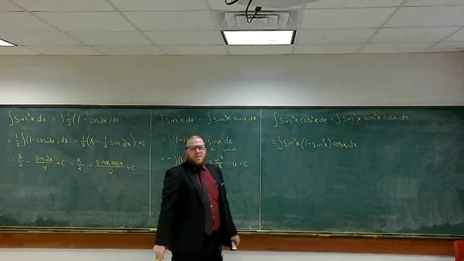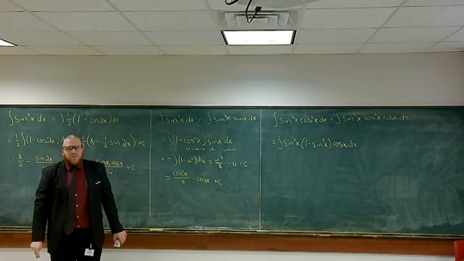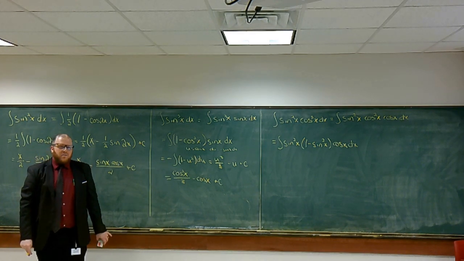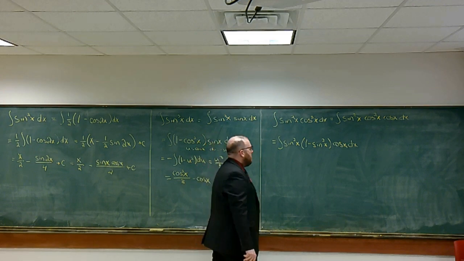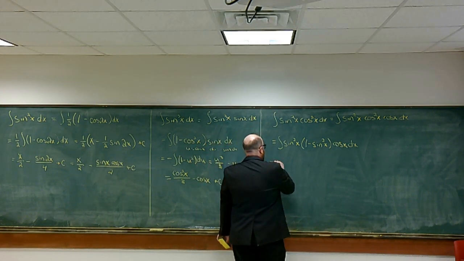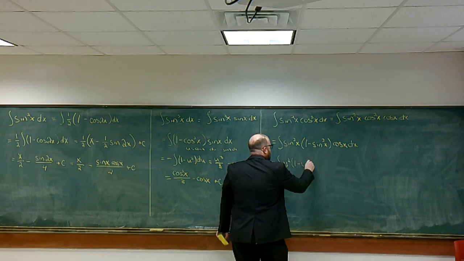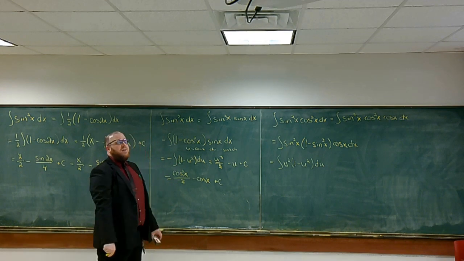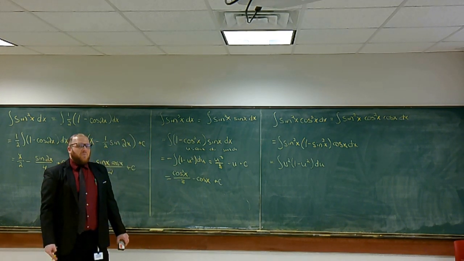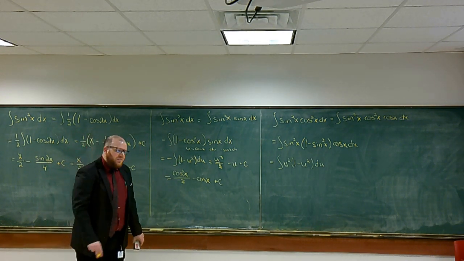So then use the Pythagorean identity, sine squared plus cosine squared equals 1. U sub, let u be sine, we get u squared times the quantity 1 minus u squared.